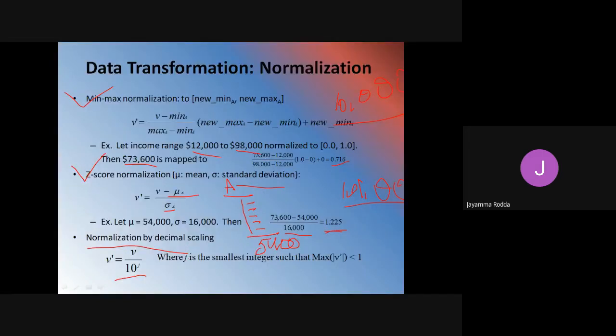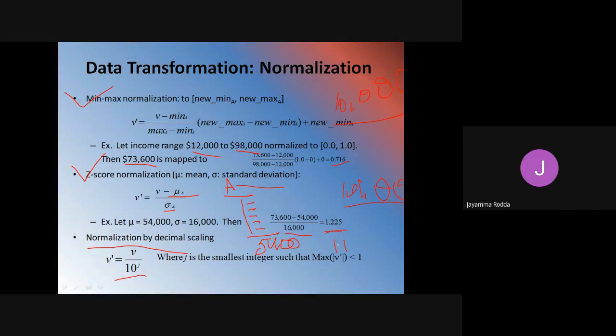It is based on how many decimal points the normalization process has to be done. It is dependent on the maximum absolute value. Whatever the absolute values are, the maximum absolute value will decide how many points the decimal scaling has to be done.